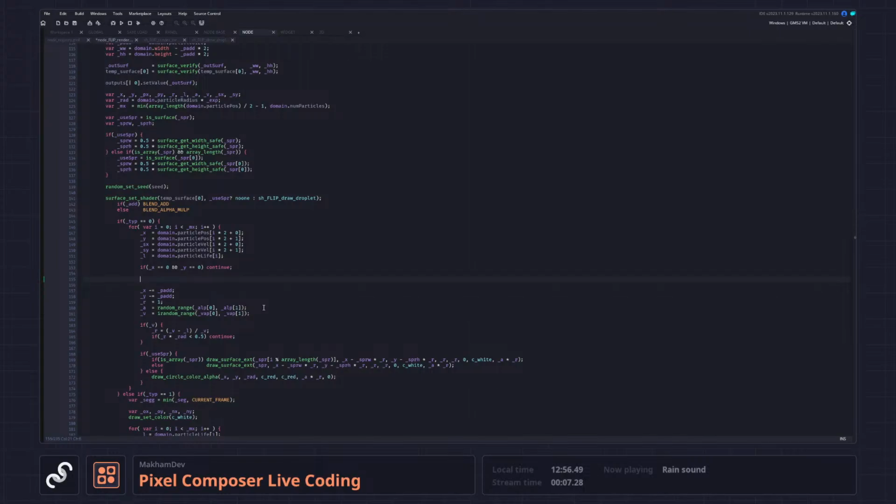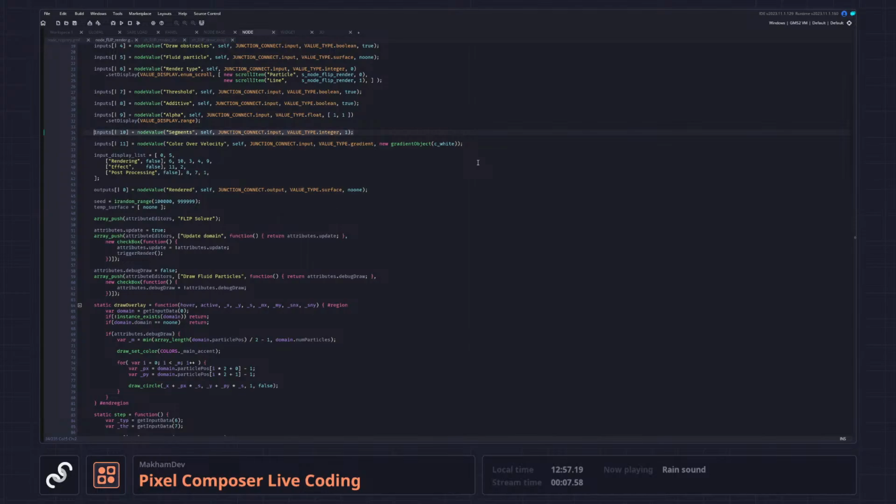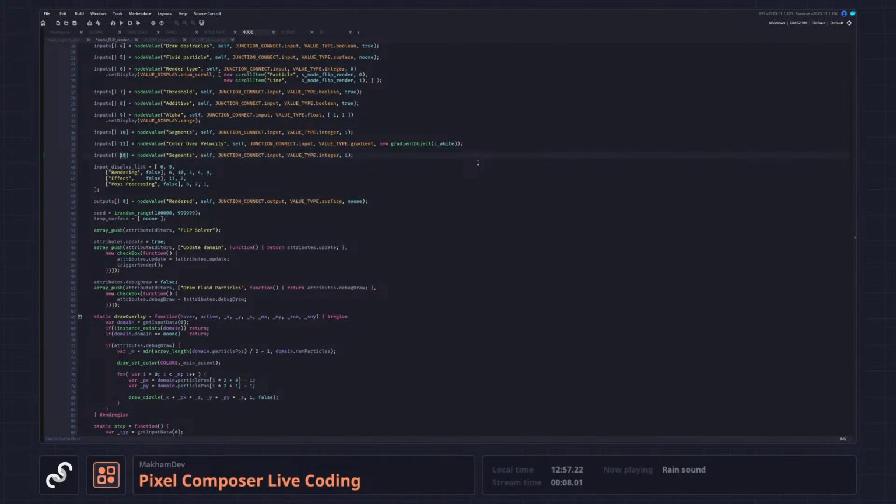Get the speed x, speed y, and then we can get velocity. Then we need a velocity map to map the velocity values between 0 and 1.